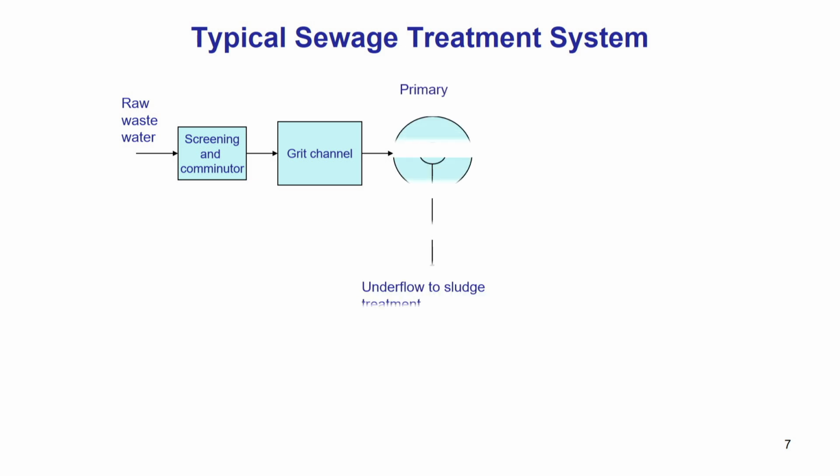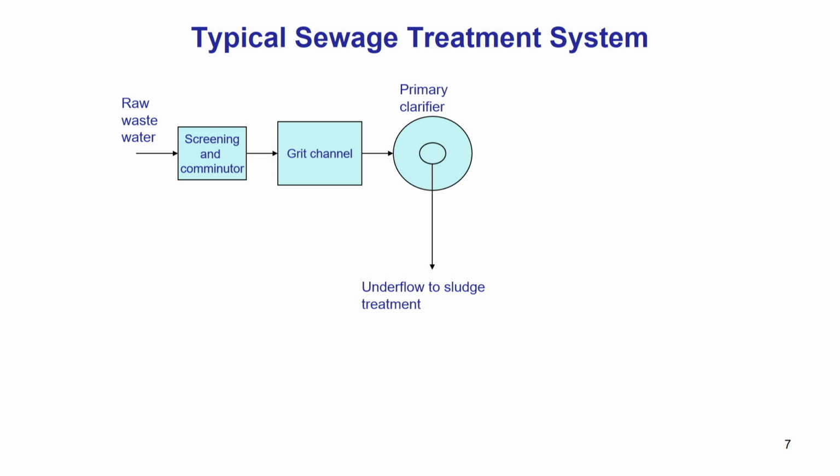Second is the grit channel. As I told, it is used for the removal of inorganic impurities, and it is based on the specific gravity of organic as well as inorganic pollutants. Basically, inorganic pollutants may have a specific gravity of somewhere 2.5 to 2.65, whereas the organics have a specific gravity of around 1.5.